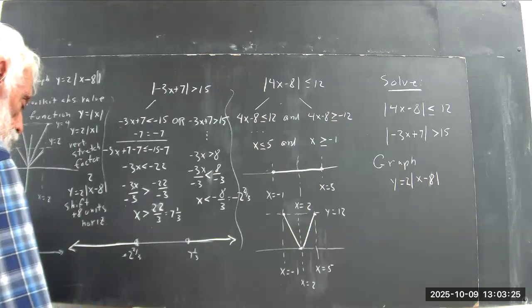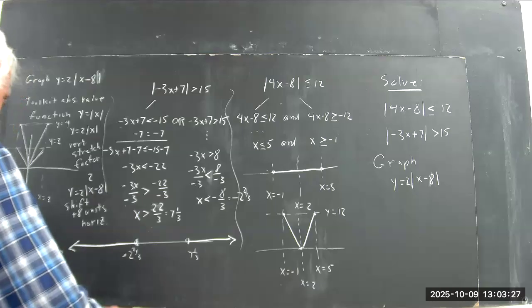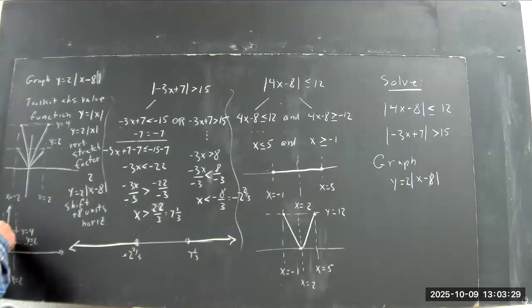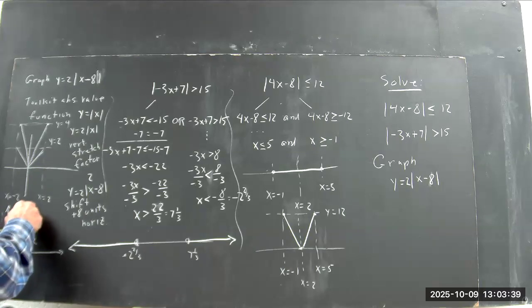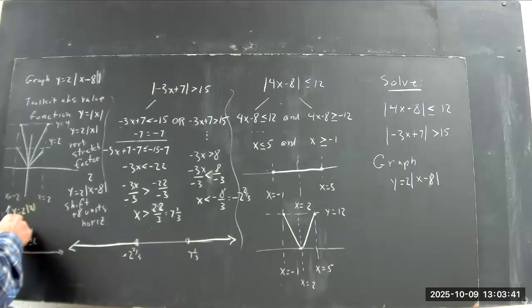So I'll use a different color this time. Make it yellow. This is a graph of y equals 2 absolute value of x.